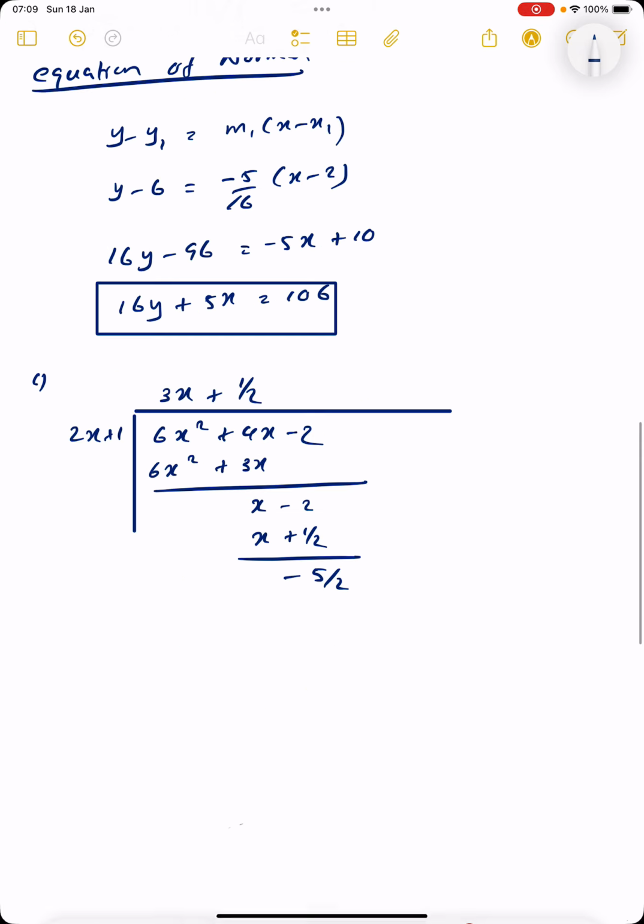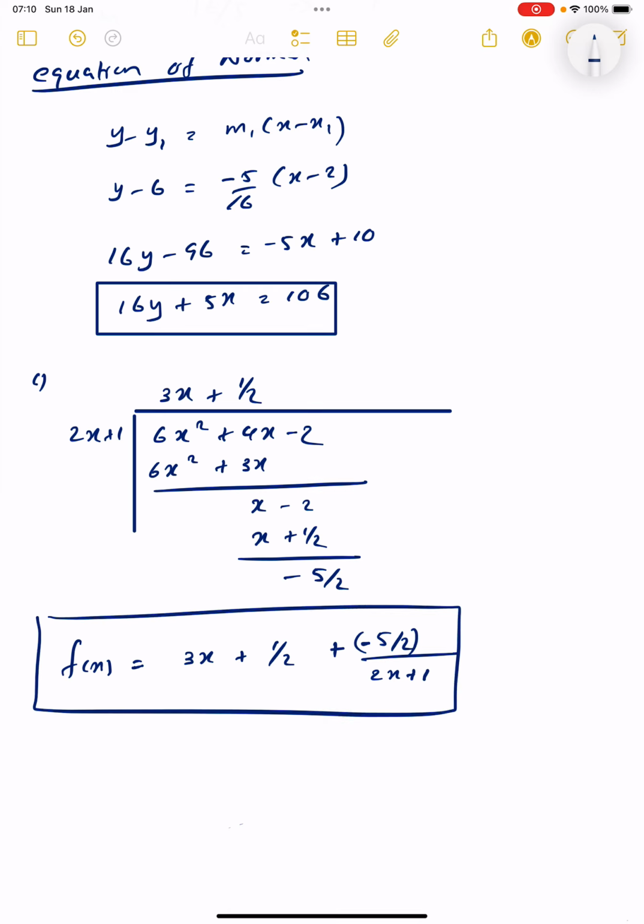This gives you f(x) equals 3x + half minus (5 by 2) over (2x + 1). Let's keep the minus sign here. So this is the form which they require us to find. So that will be the final answer of part C.